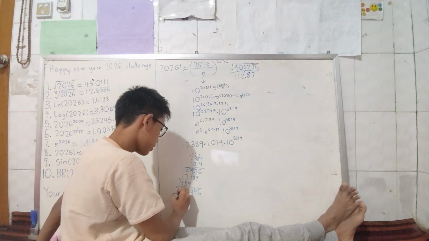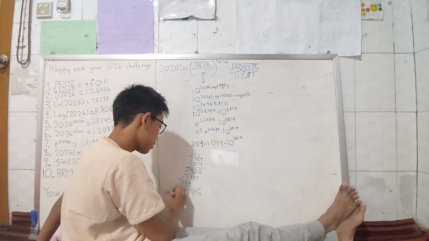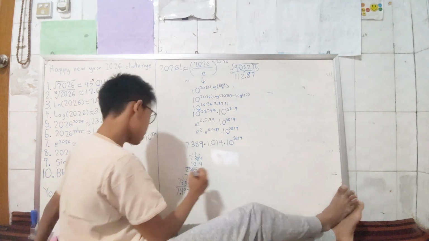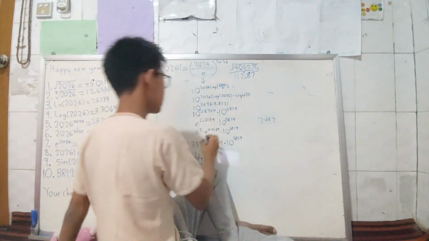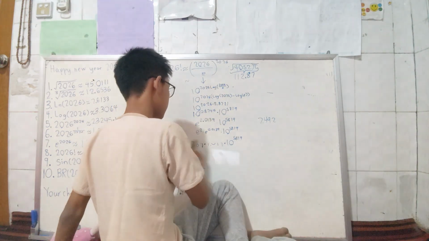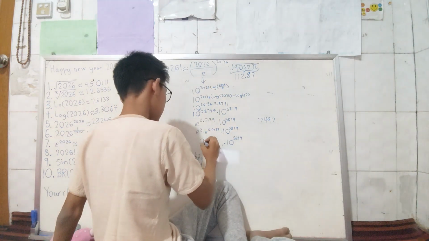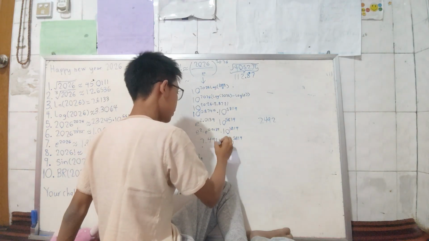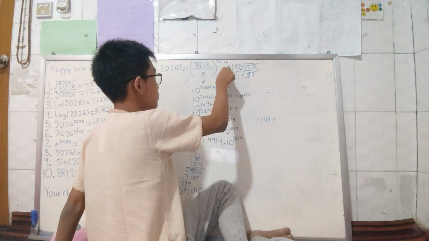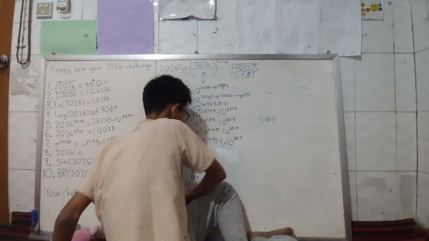Put a decimal point right there. And then we're going to multiply it by. So 7.4924. That's the answer to this gigantic exponent right there.